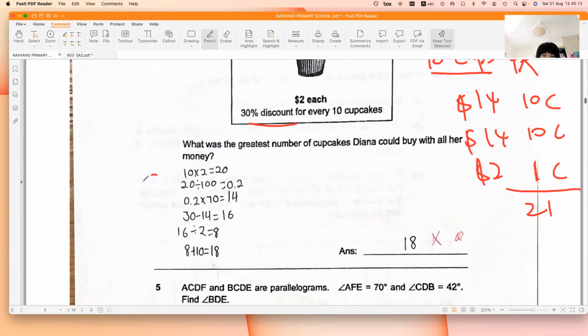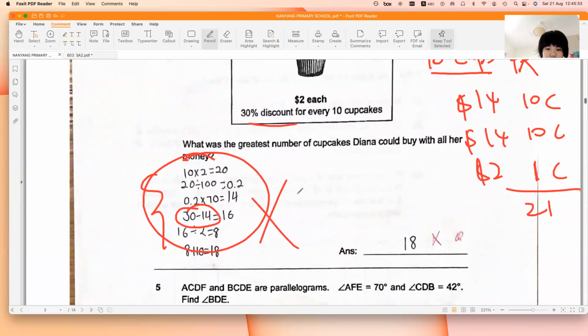I don't understand why you did 30 minus 14. Basically, this way of doing things is not good. This is a bad habit.